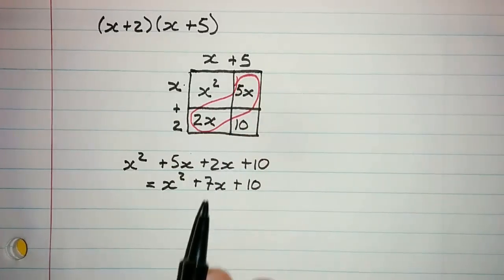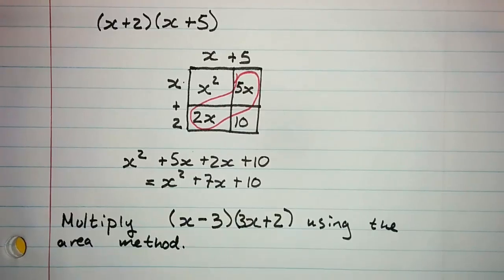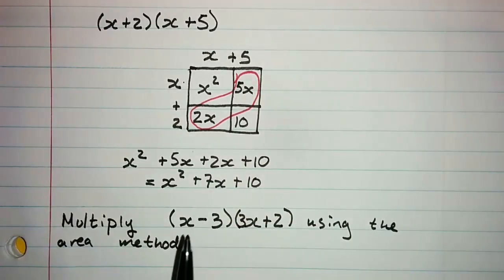Again, use this method even though other methods might work. Multiply x minus 3 times 3x plus 2 using the area method. Pause the video and try this now. If you get stuck on setting up the box, I'll show you how to do that in just a moment.